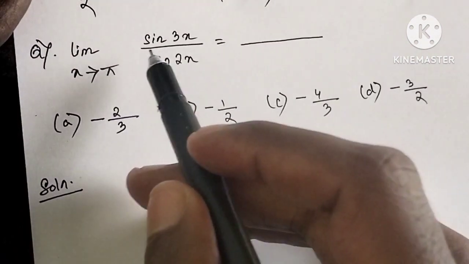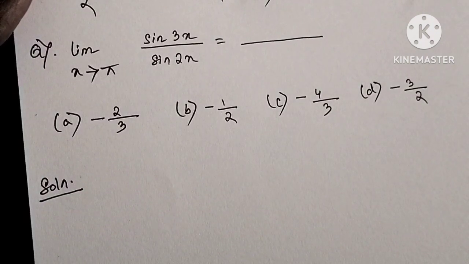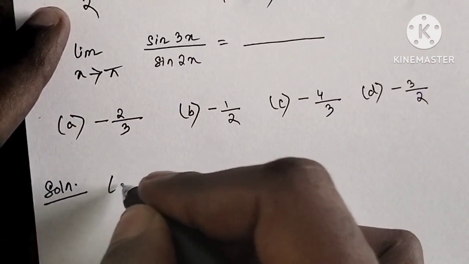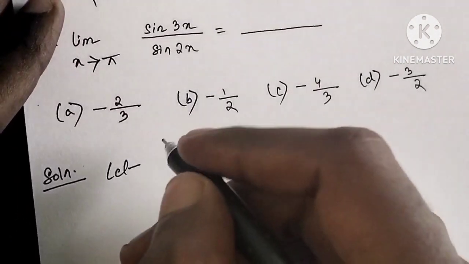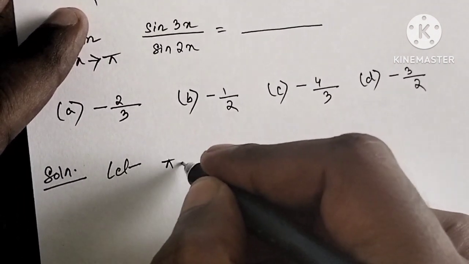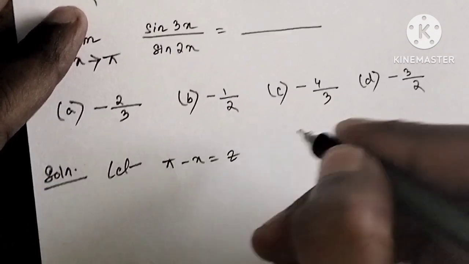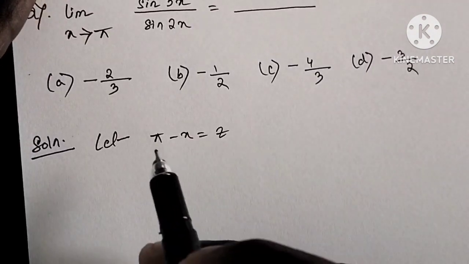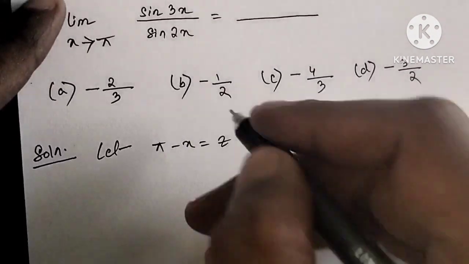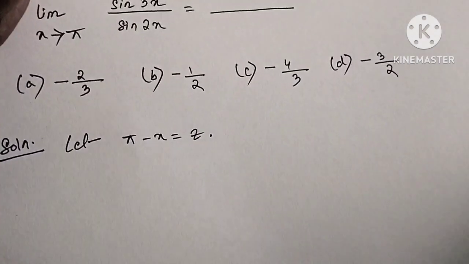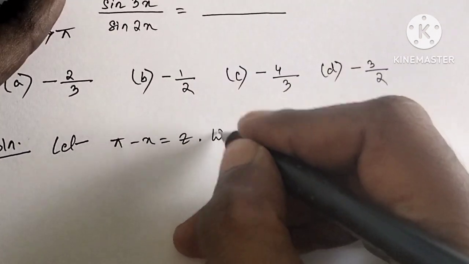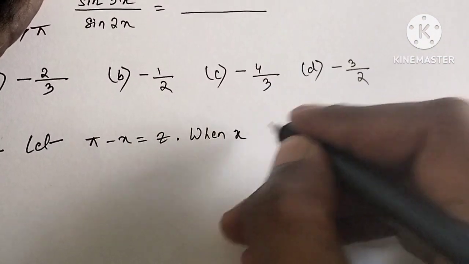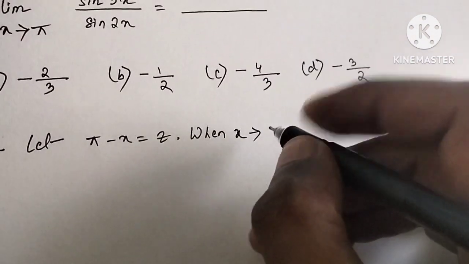Limit x tends to pi, sin 3x by sin 2x. So what will I do? Let pi minus x is equal to z. Clear?